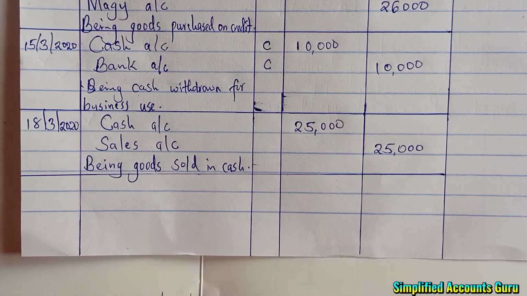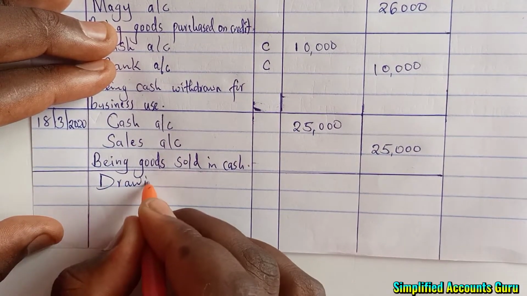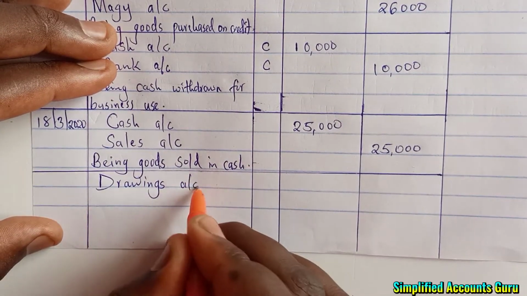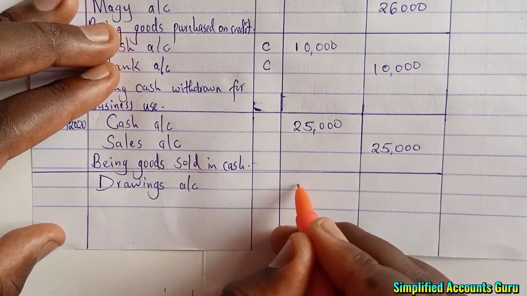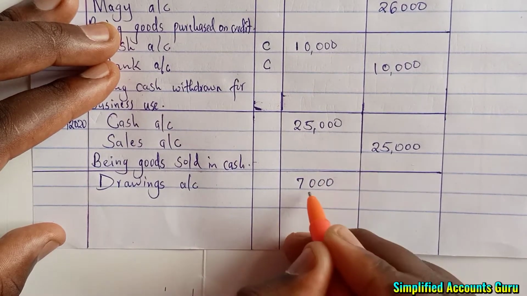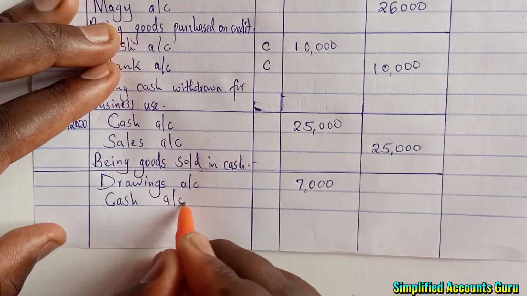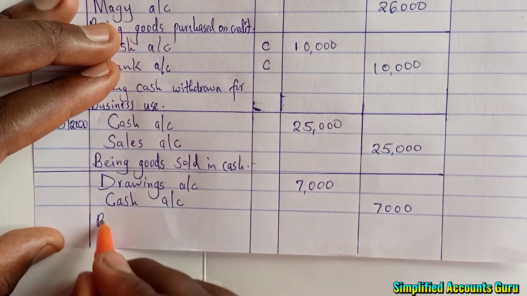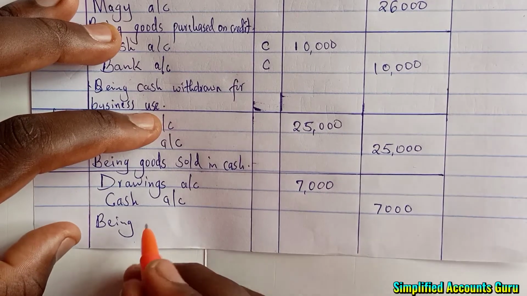And now the other entry is the drawings. So we have drawings which will affect capital. Drawings account, and then we write the amount that was given there as $7,000. And then we have cash account, $7,000. Then you say being money drawn by the owner.